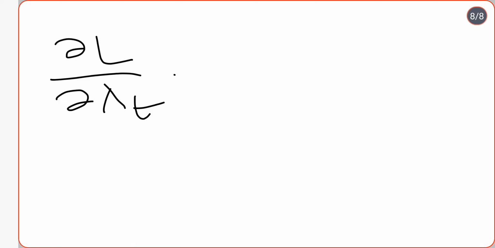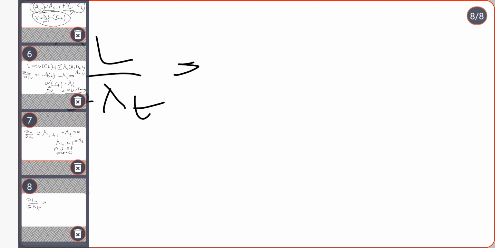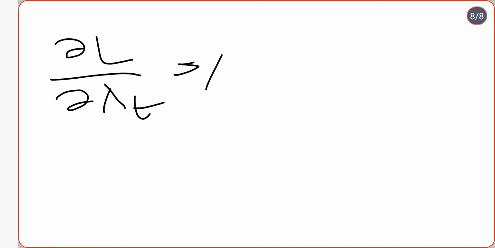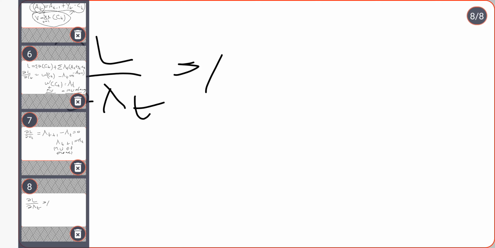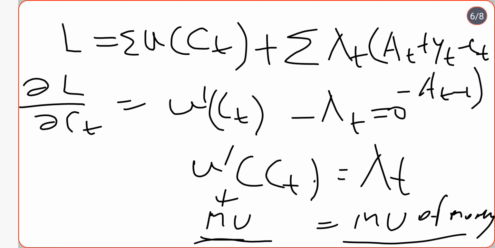Now what will we get? We will get the function at first. Let me look into the function at first. This is the function. If we take the derivative with respect to lambda t, then we will get this entire part. So what are we getting here?